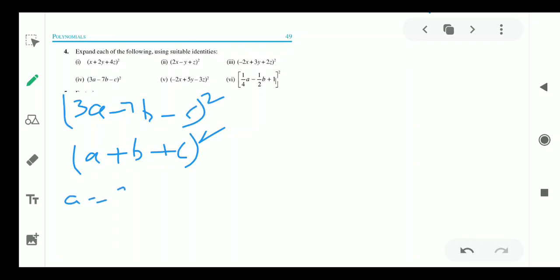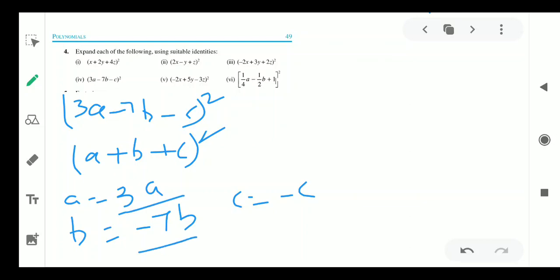So here a is equal to 3a, b is equal to −7b, you have to take the sign also, and c is −c. Simply instead of a you substitute 3a, instead of b you substitute −7b, instead of c you substitute −c in the formula and you will get the answer. Same with this question also: here a is equal to −2x, b is equal to 5y, c is equal to −3z, and then you substitute in the formula.